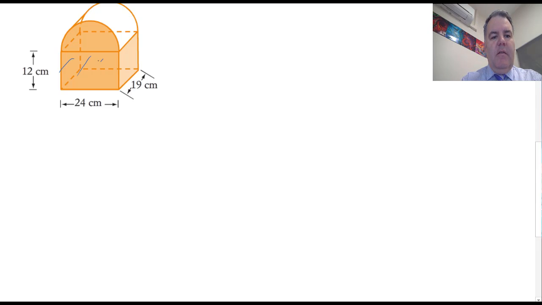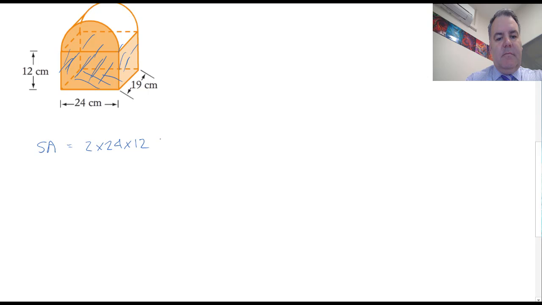It's got 1, 2, the back one there, 3, 4, and the bottom 5 sides there. So surface area, those 5 sides: this front side here is 24 times 12, and the back one there is also 24 times 12, centimeters. So that's the front and the back.